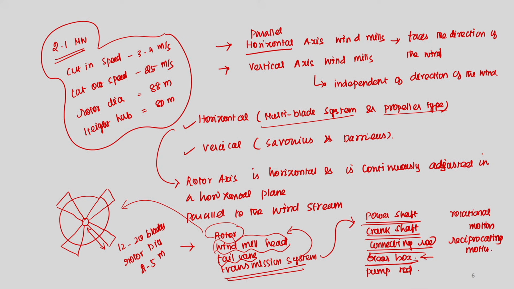So, for example, if the multi-blade horizontal axis wind machine is used for pumping water, then you might have this kind of transmission system. One is the power shaft and another is the crankshaft and connecting rod, which convert the rotational motion into reciprocating motion. That is connected to the pump rod, which delivers this reciprocating motion for pumping the water.